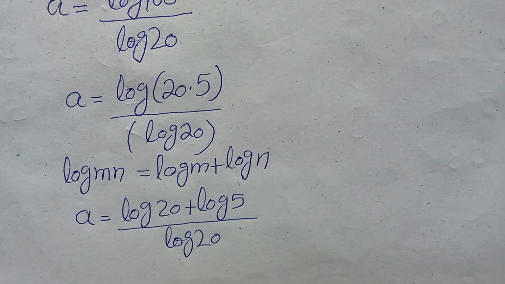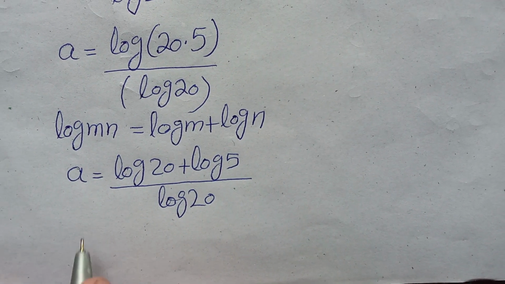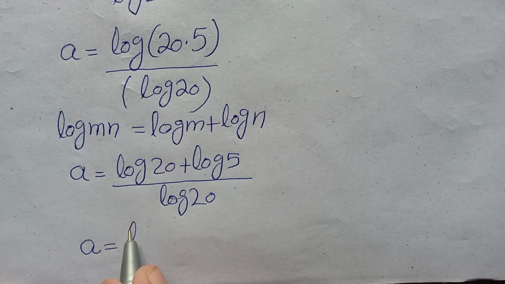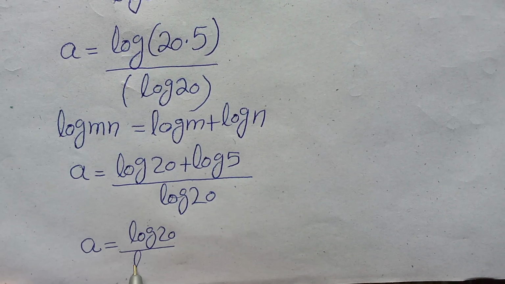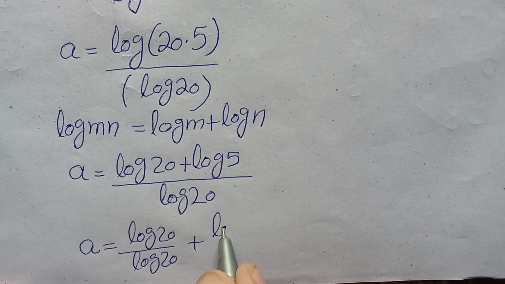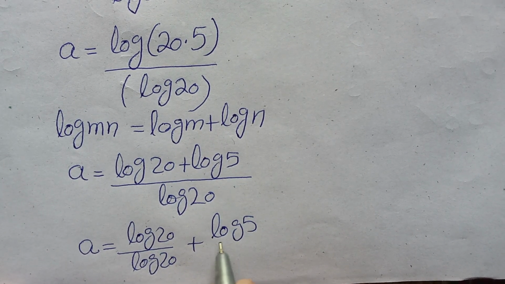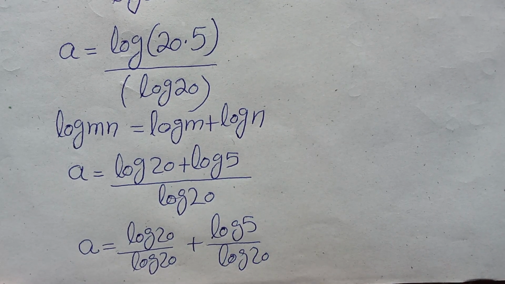Now let us separate log 20 in each term. So a is equal to log 20 divided by log 20 plus log 5 divided by log 20.